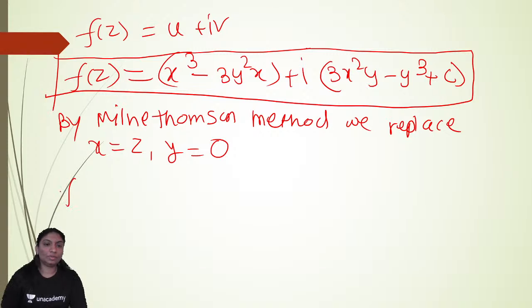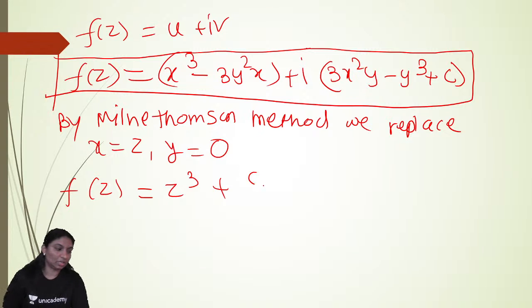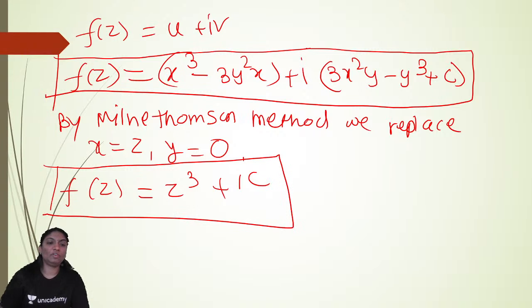Okay. So here f(z) is equal to z³ minus y·0, so this is again 0, plus i into y·0, this is 0, plus ic. So f(z) is equal to z³ plus ic. This is your function f(z).